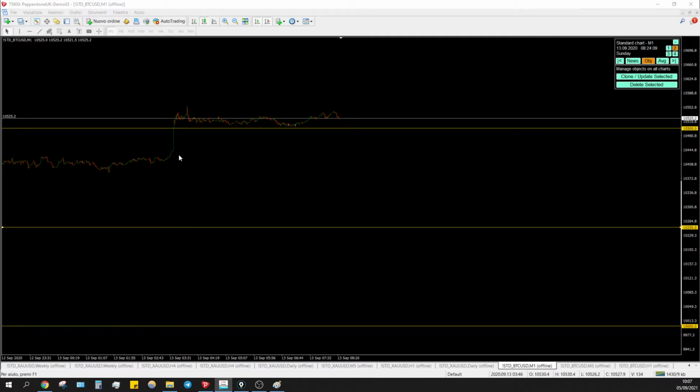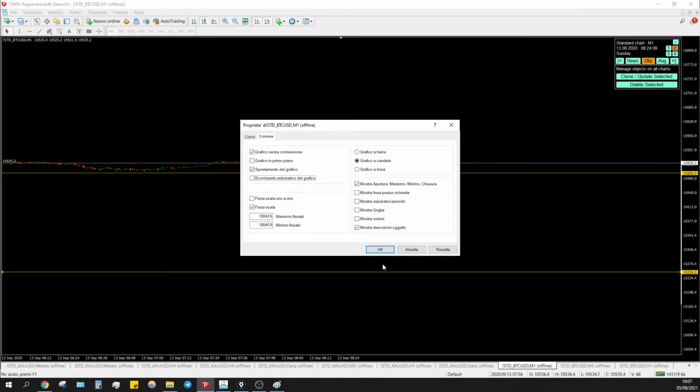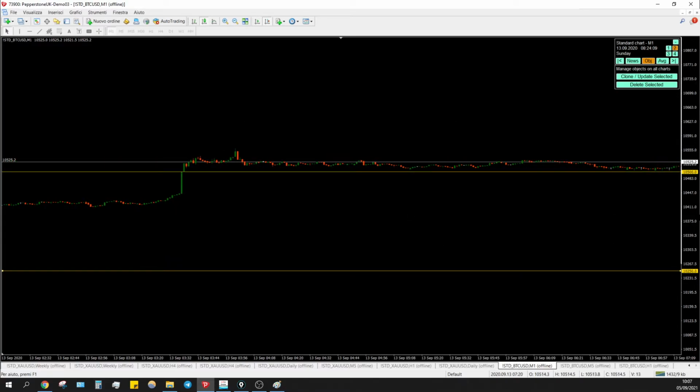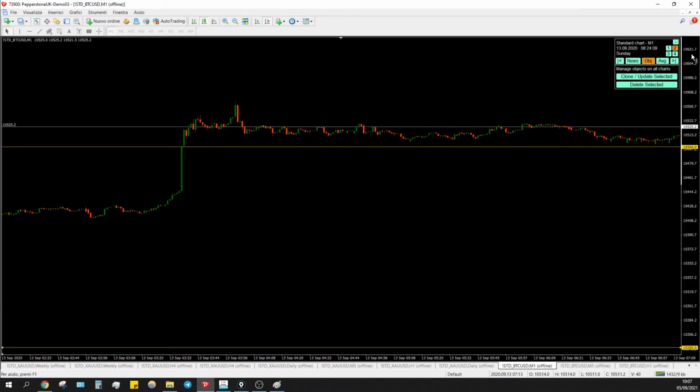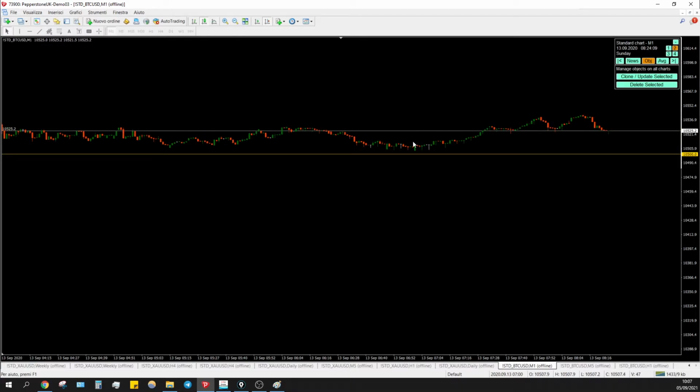Okay, as you can see here, let me zoom in. Did we have any? Not really. But after that, yes, we're bouncing above the key level.